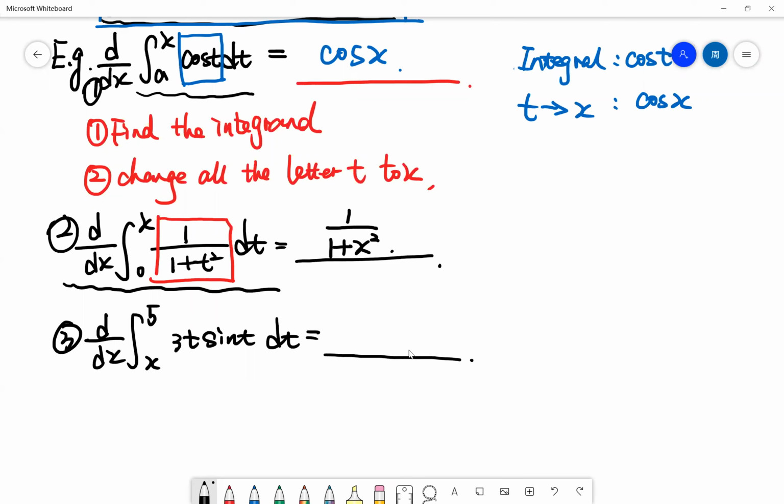What does it equal? If you have finished, you can send your answer in the WeChat group, and let me check.